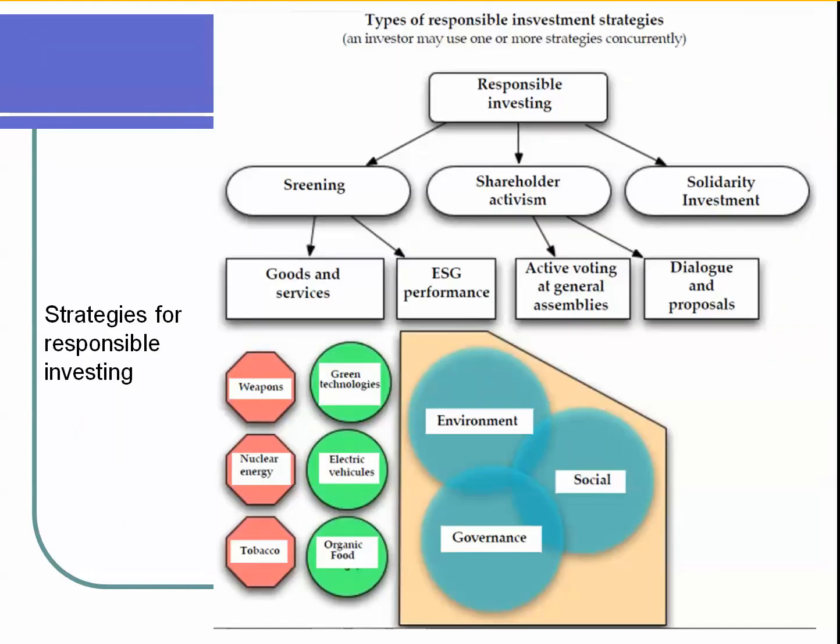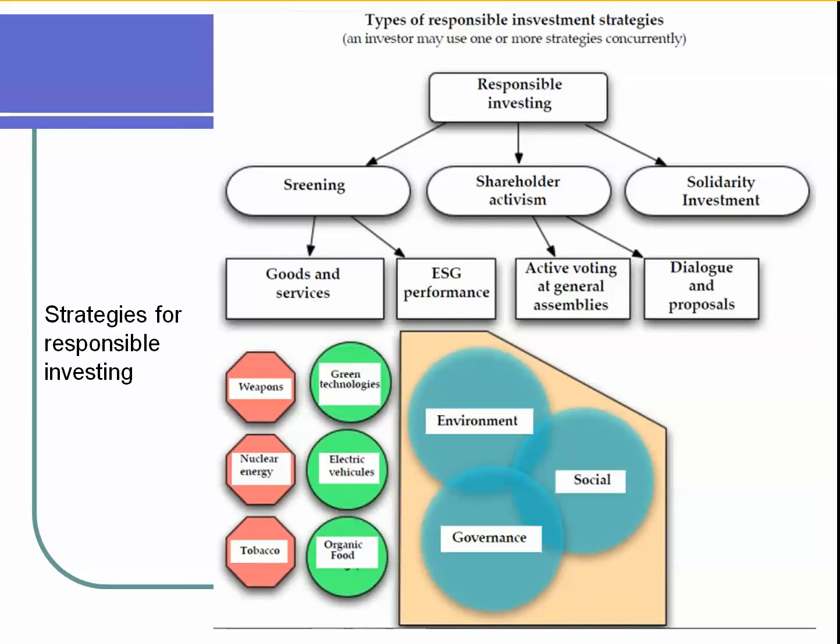So first, responsible investment strategies. The first strategy implemented for many decades now is screening. Portfolio managers can screen values to include in their portfolio based on goods and services, ESG performance.